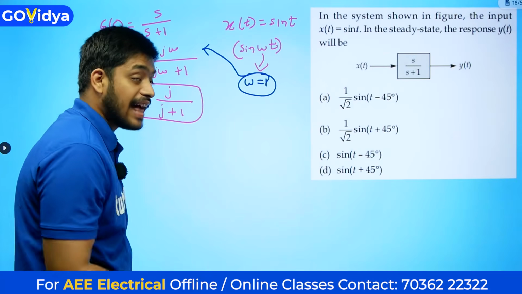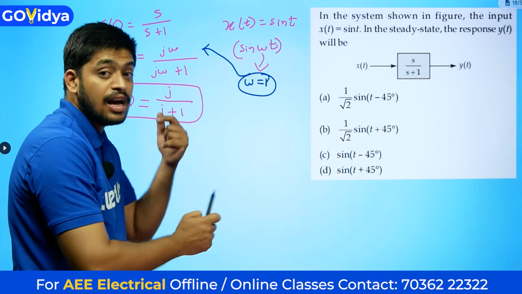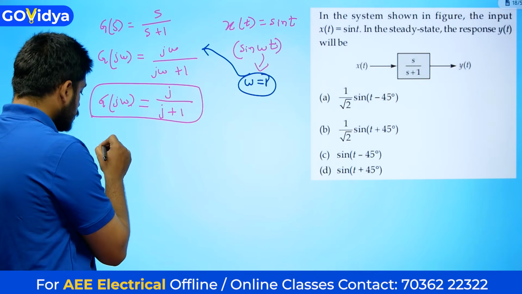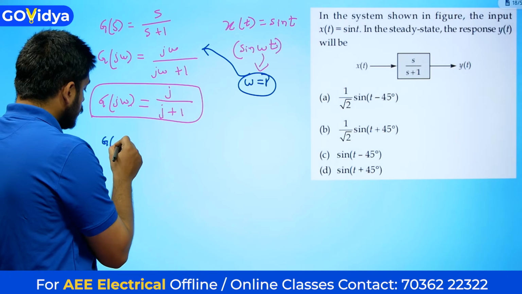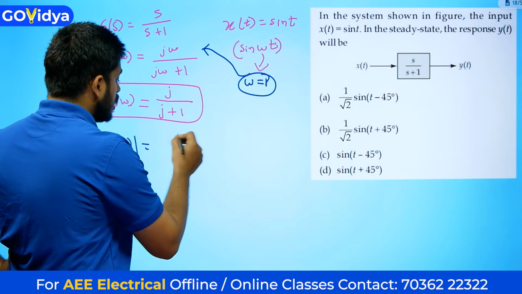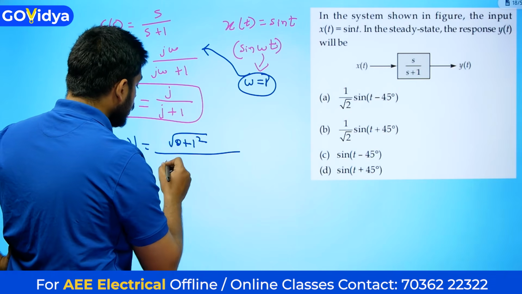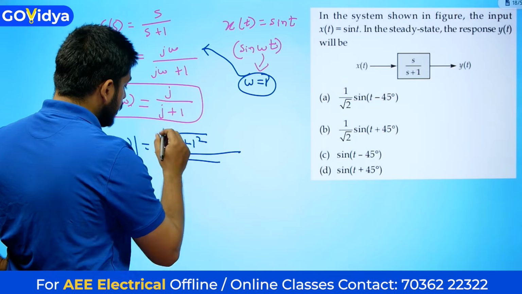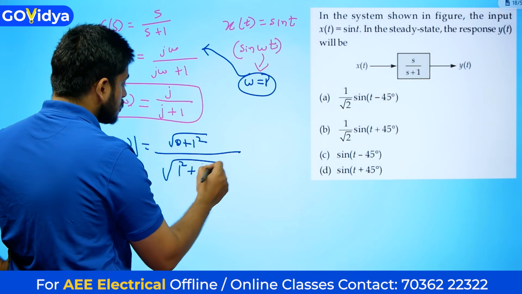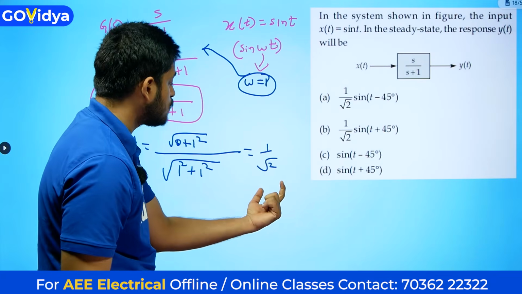Now we will find the amplitude and phase of this transfer function, representing it in amplitude phase form. The magnitude of g of j omega is root of 0 plus 1 square, whole divided by root of real square plus imaginary square, 1 square plus 1 square. Here I am going to get 1 by root 2. This is my amplitude.